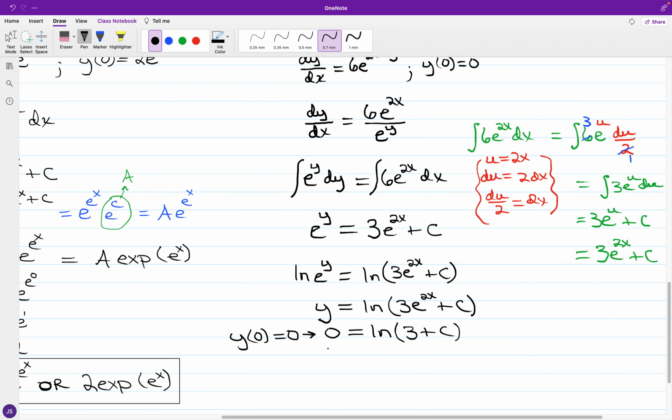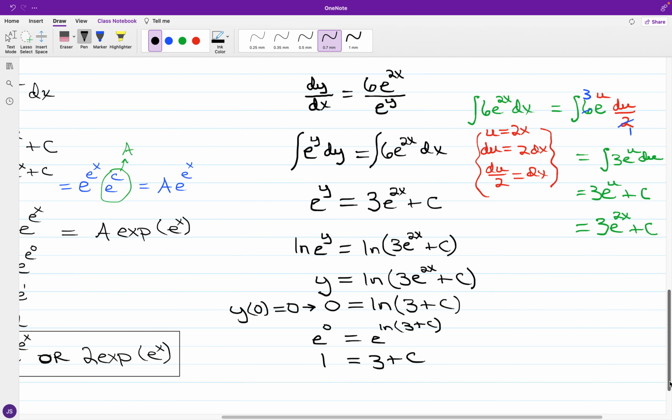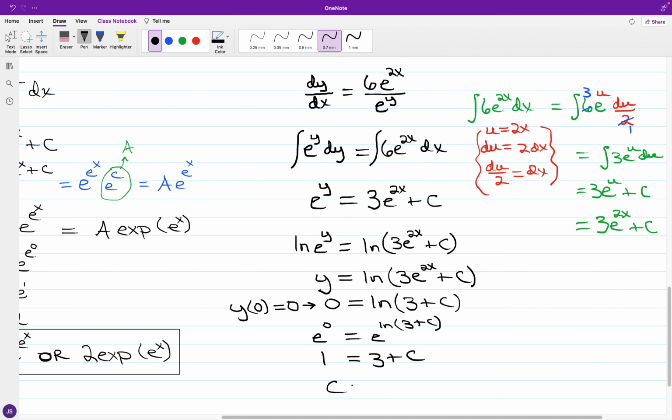And if I were to follow through, I can take care of the natural logarithm on the right if I treat both ends as powers, to which e is going to be raised. So e to the 0 is going to be 1. 1 is equal to 3 plus c. And we have that c is equal to negative 2.